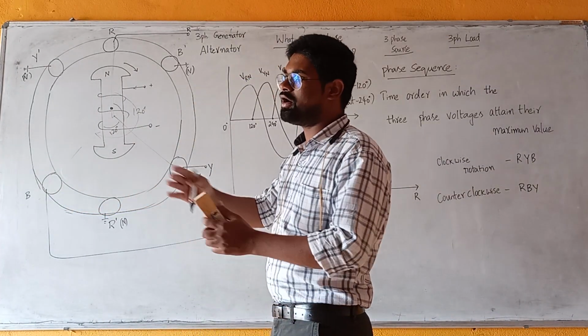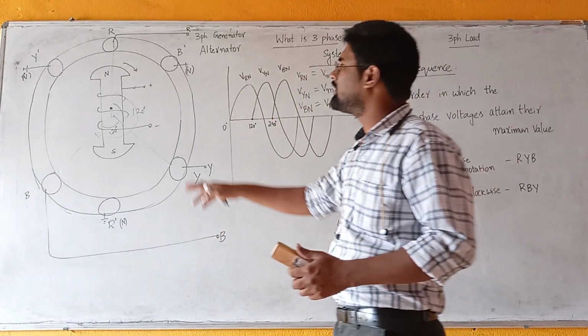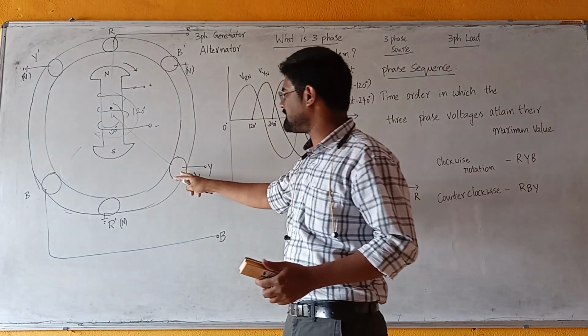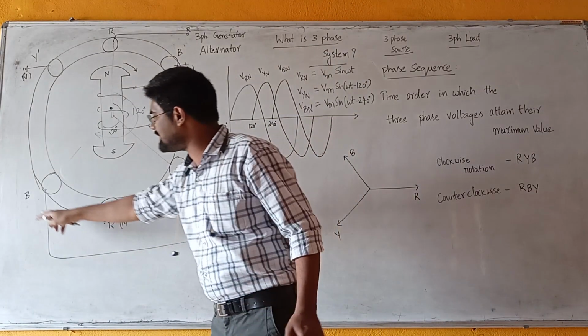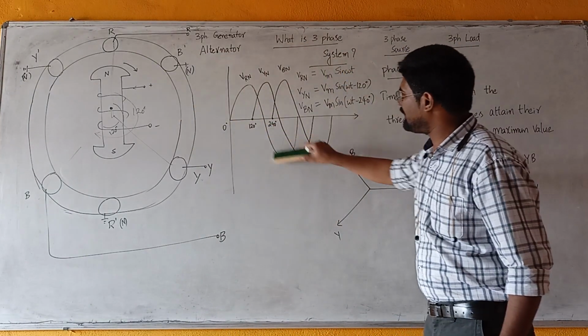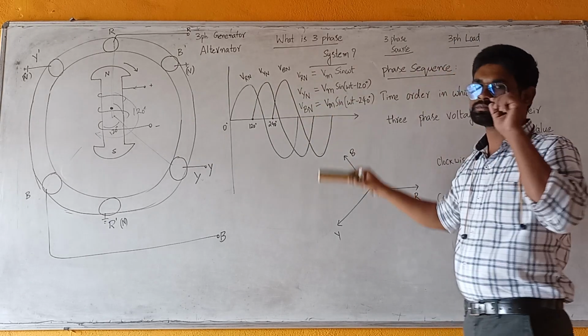I mean, the order of induced voltage in the three set of conductors is, first voltage is induced in R, next it is induced in Y, and next it is induced in B. And these are the three voltages, VRN, VYN and VBN.